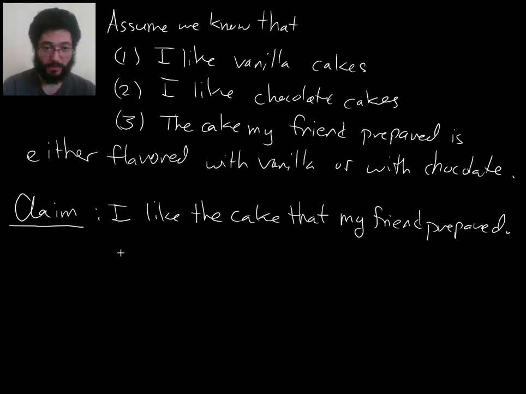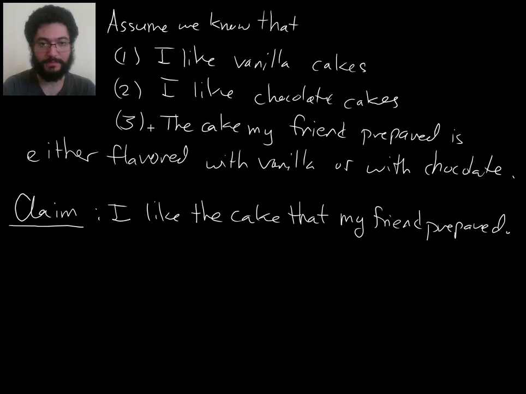So here's how I would then prove this third thing, this omega, which is that I like the cake that my friend prepared. So somehow I need to make use of assumption number 3. Well, I need to use assumptions number 1 and 2, which are just some propositions. But I also need to make use of assumption number 3, which is specifically an or.